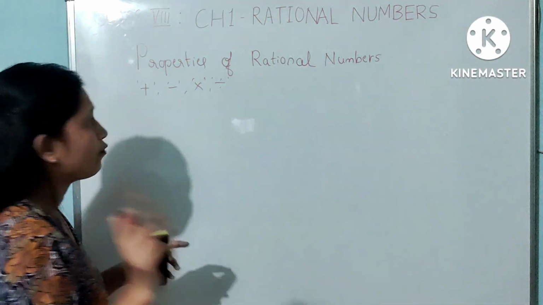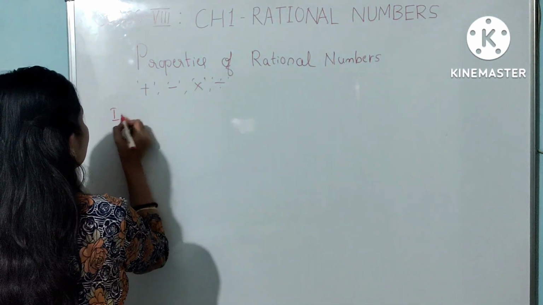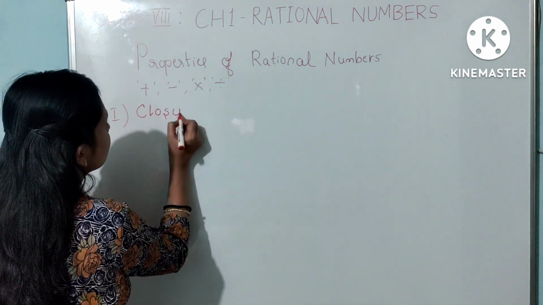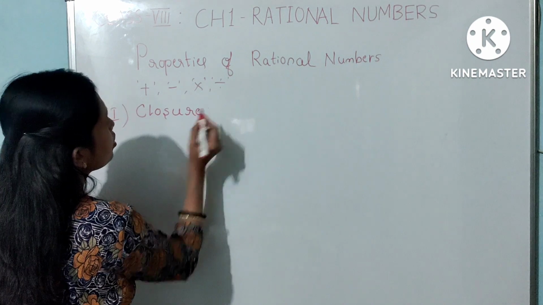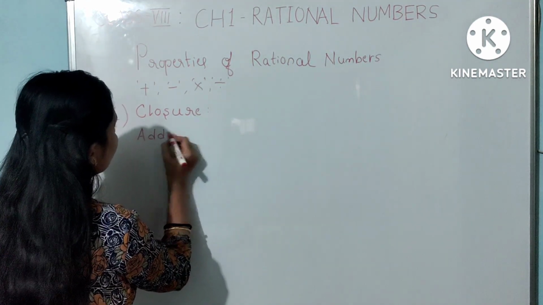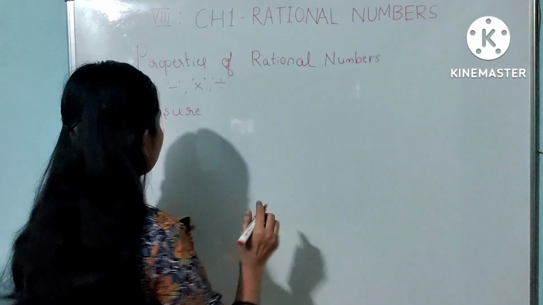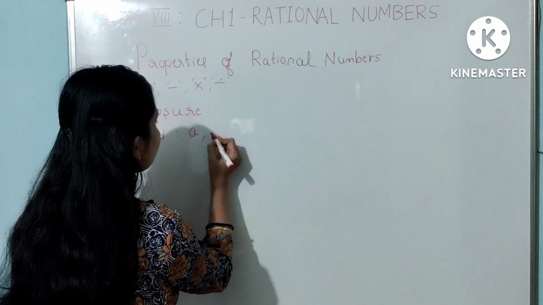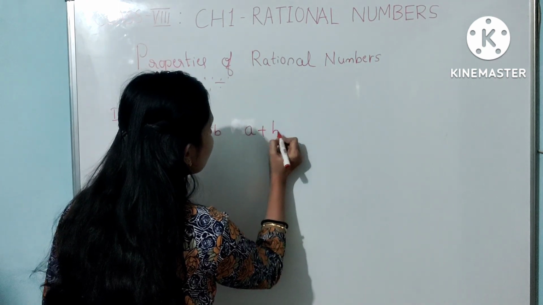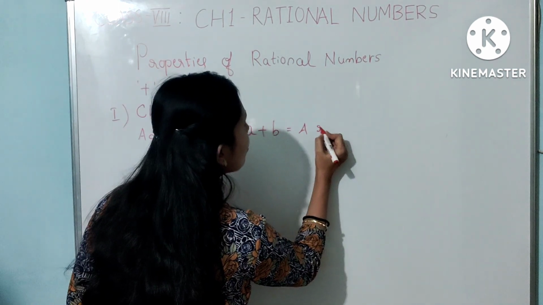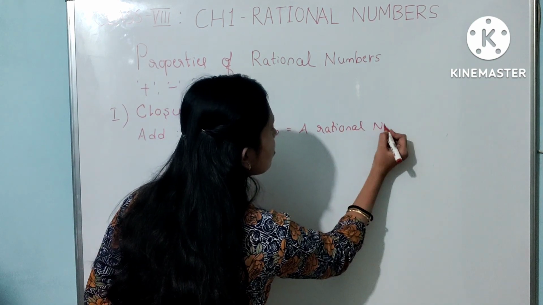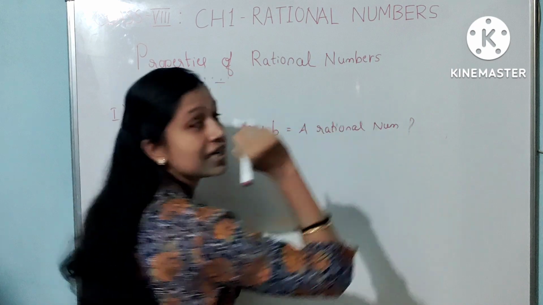So the first property is the closure property. With respect to addition, we are going to check now. For any given two rational numbers, let's say a and b, whether a plus b is equal to a rational number, can we check?